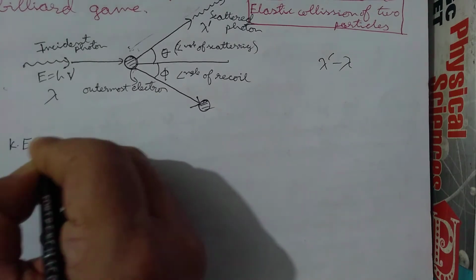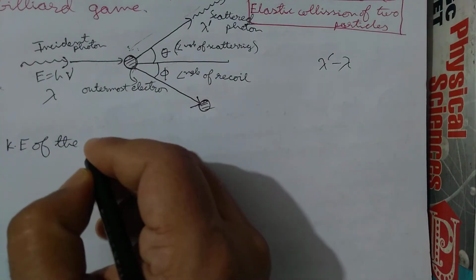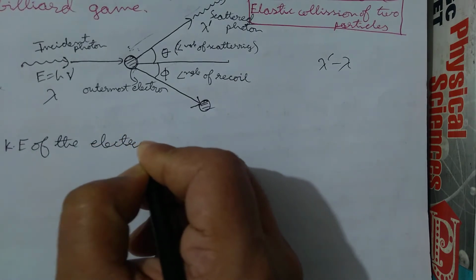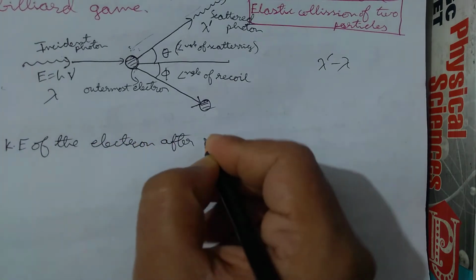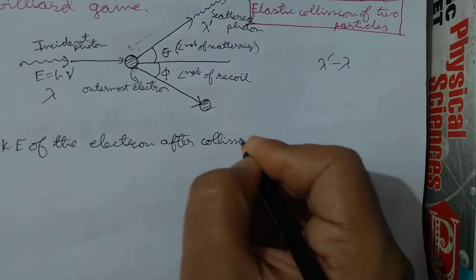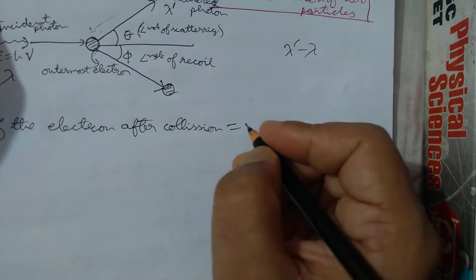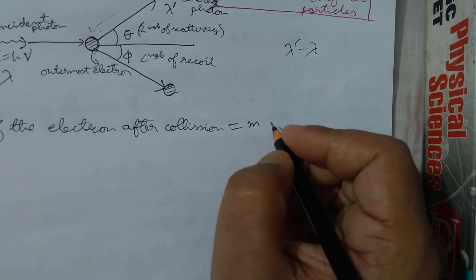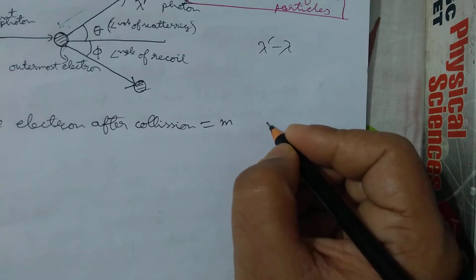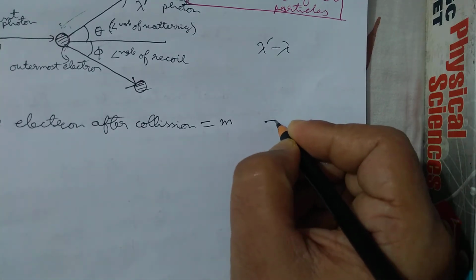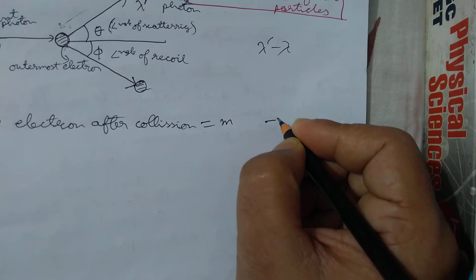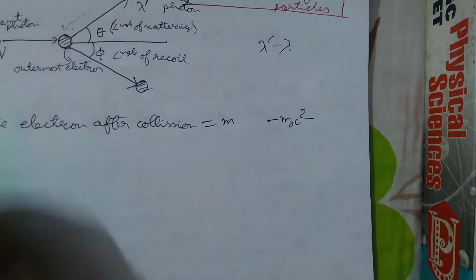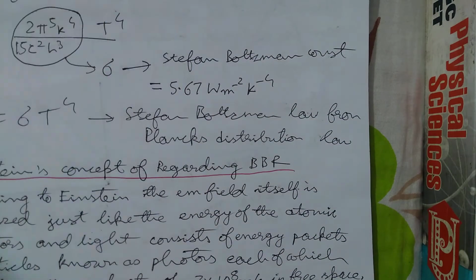The kinetic energy of the electron after collision is equal to what it was before the collision, which was its rest mass energy, because the electron is at rest. This is relativistic.